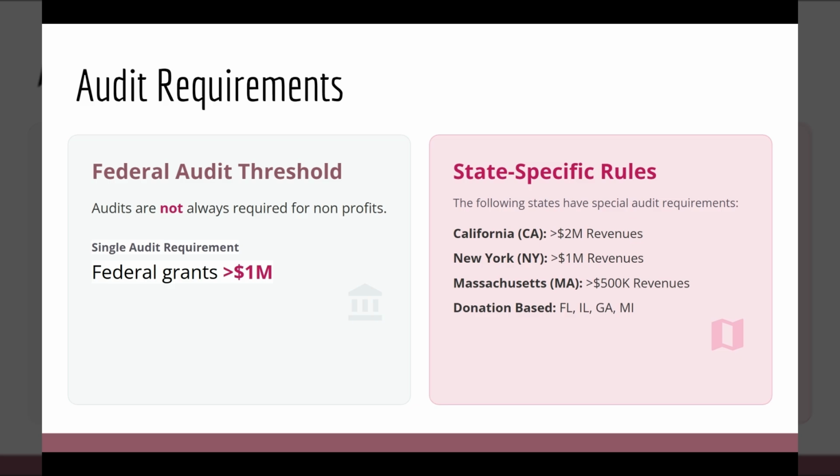So much stricter audit requirements in Massachusetts. And in a few states, it's based on how much donations you receive, not how much revenue you receive. So an audit is a very expensive thing to get into. And unless it's required, it's not necessarily something that you want to jump into.